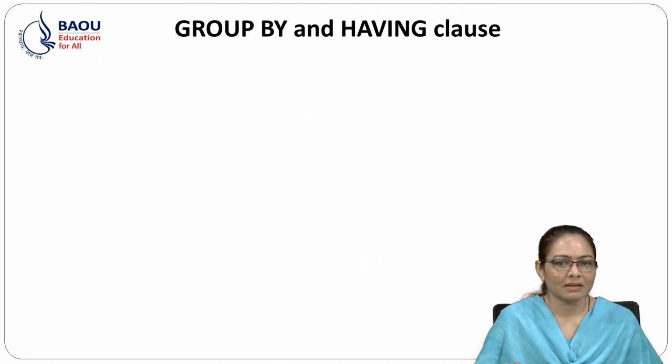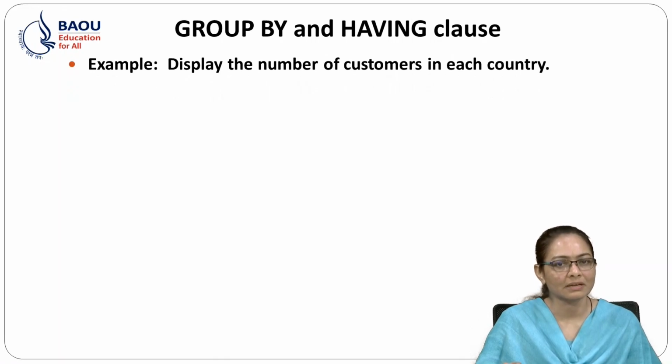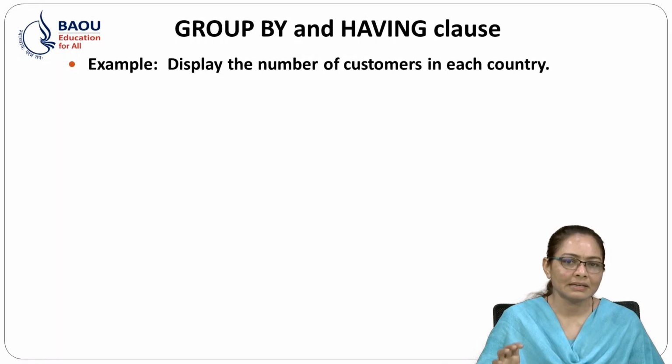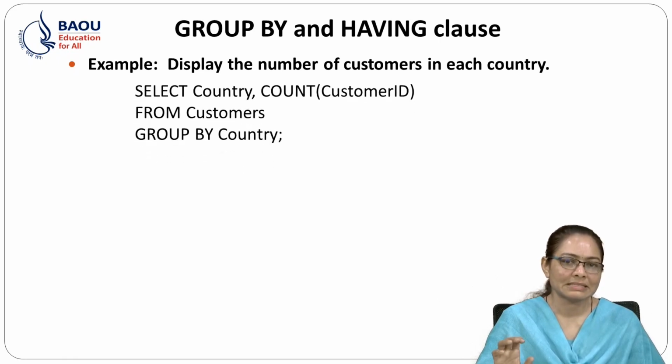Now another example of group by and having clause: display the number of customers in each country, or country-wise total number of customers. See how to write the command. Select country, comma, count of customer ID from customer table, group by country.